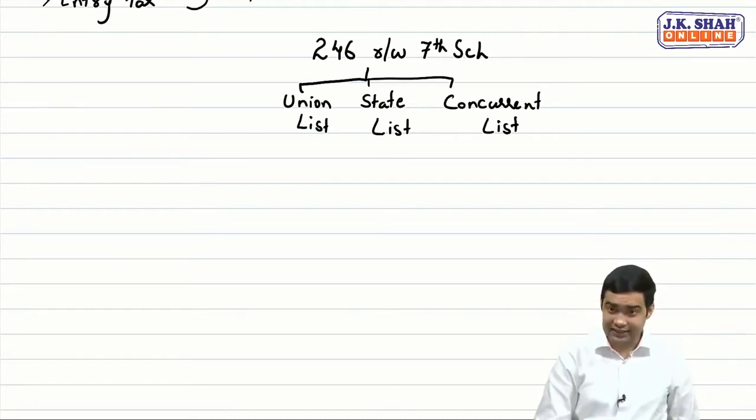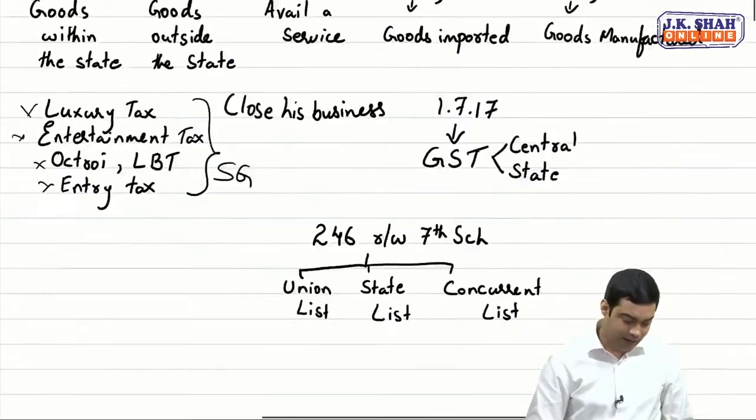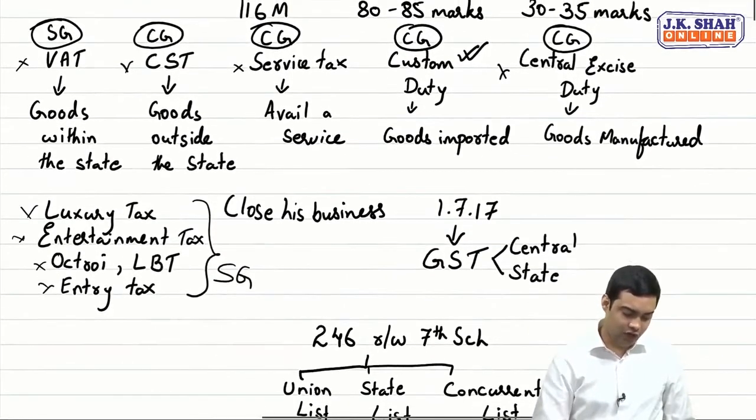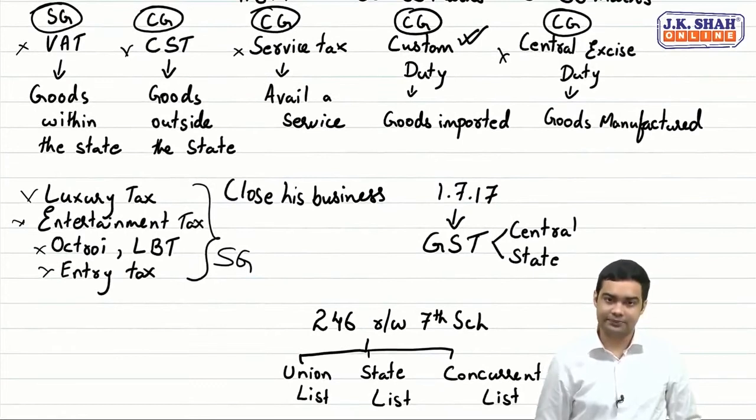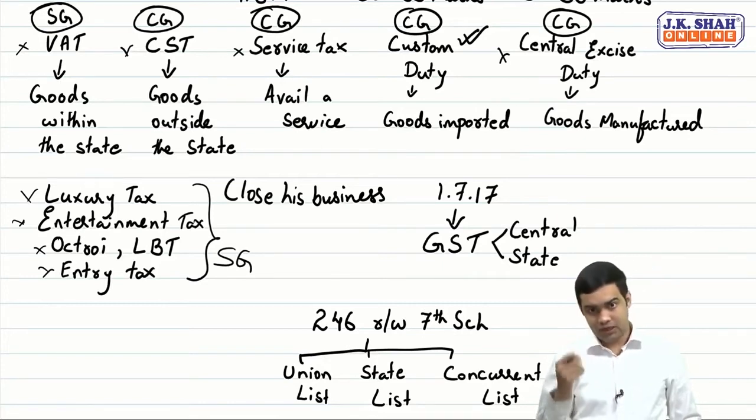If you were to understand this, you'll have to go back to this. Now, when we talk about VAT, VAT was there in the union list. CST was there in the union list. Service tax, union list. Custom duty, union list. Central excise duty, union list. Luxury tax, state list.